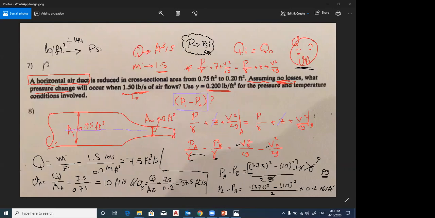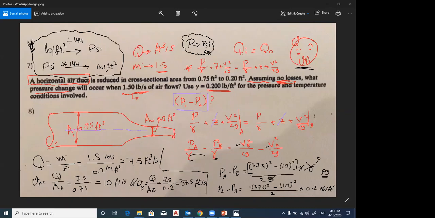And if you have PSI and you need to change it to pound per feet square, multiply by 144. Please don't forget this conversion. This conversion solves many problems. So don't change it from British to SI units. If you know this conversion, you can solve many problems in British units.